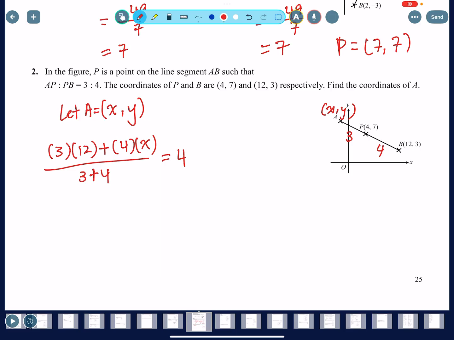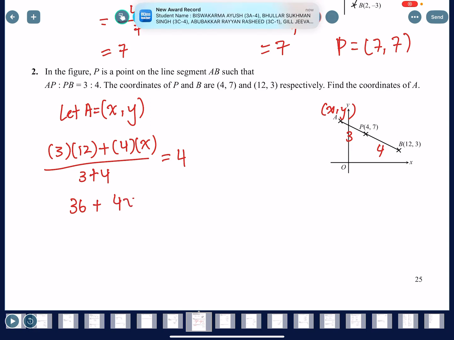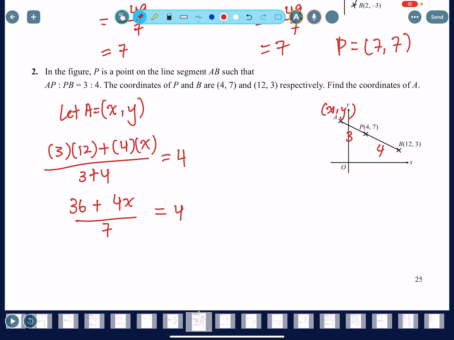Now we need to solve x. We have 36 plus 4x over 7 equals 4. Move things around, you end up with 4 times 7, 28, 28 minus 36, negative 8. So you have 4x equals negative 8 after moving things around. x equals negative 8 divided by 4, negative 2.